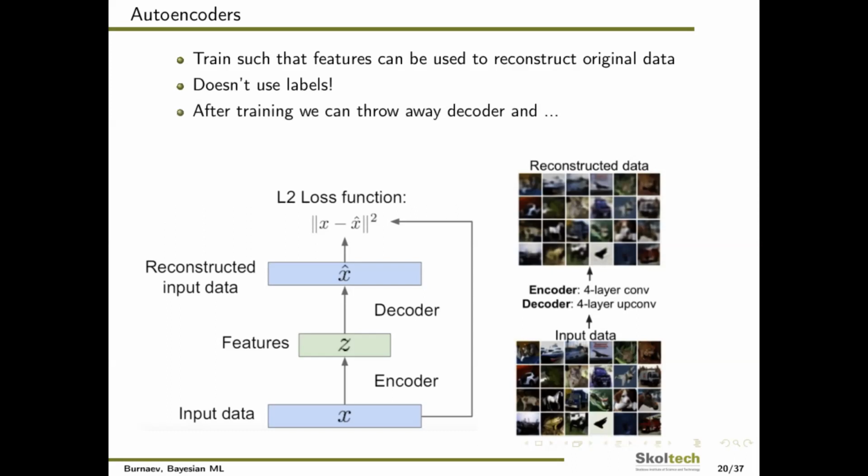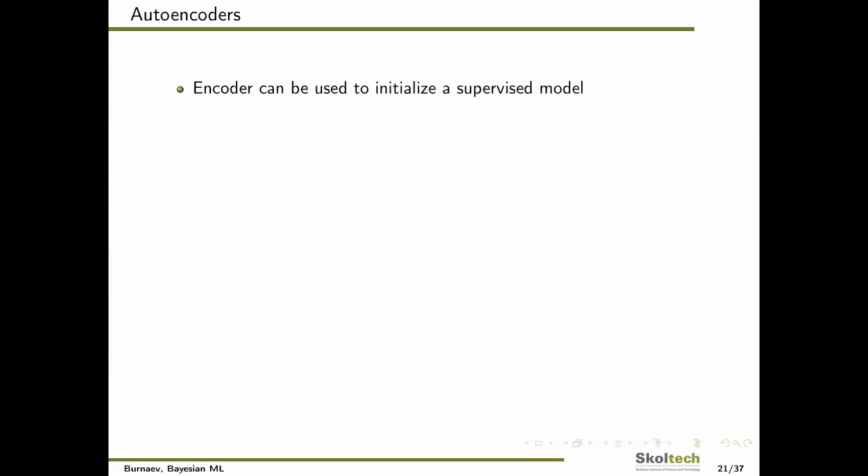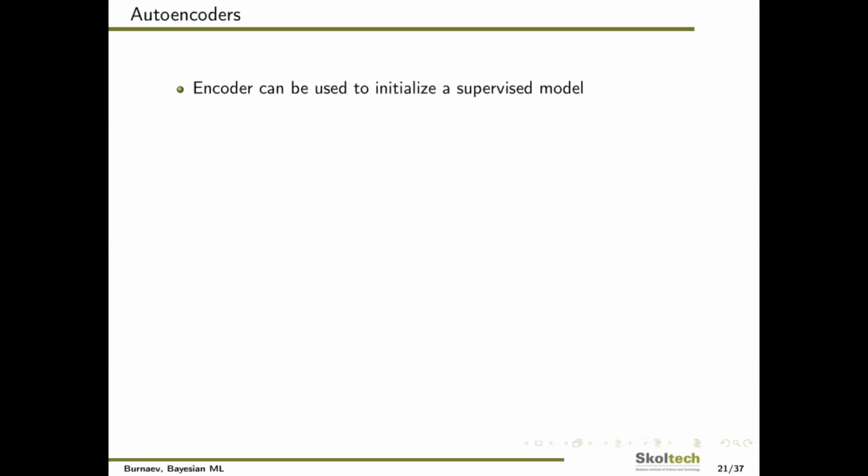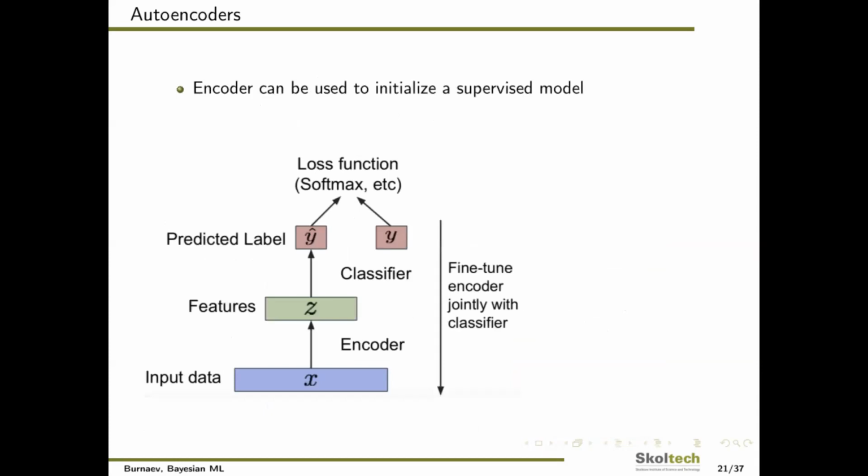If we train everything in the correct way, then we can throw away the decoder and keep only the encoder to get the features, the representations we want. Basically that's all for this basic autoencoder model. There is no probabilistic interpretation at the moment, but still some useful features sometimes.